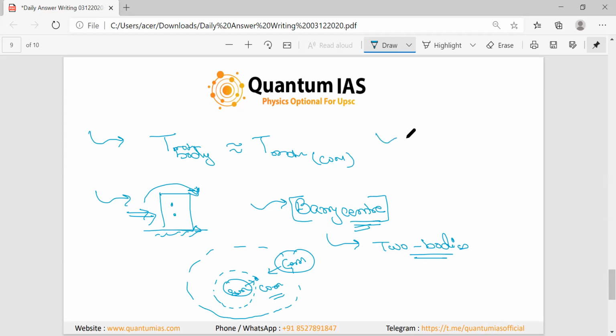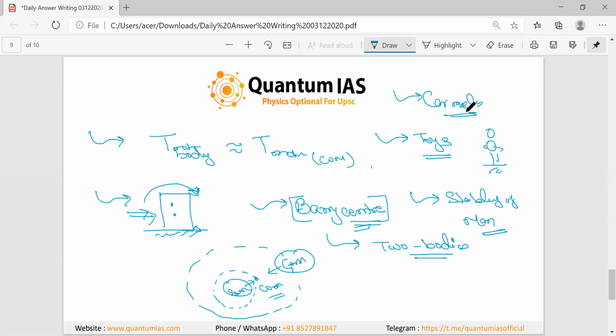Also you can discuss some of the toys in the market that use the center of mass. You can also talk about the stability of a man: a man standing here will fall or not fall depending upon the position of the center of mass. Also, examples of the center of mass can be used in car mechanics.